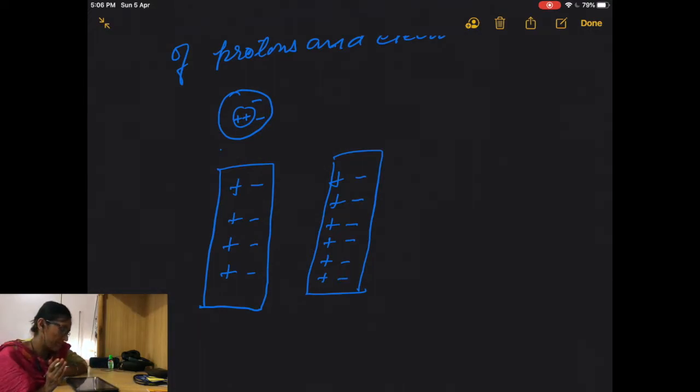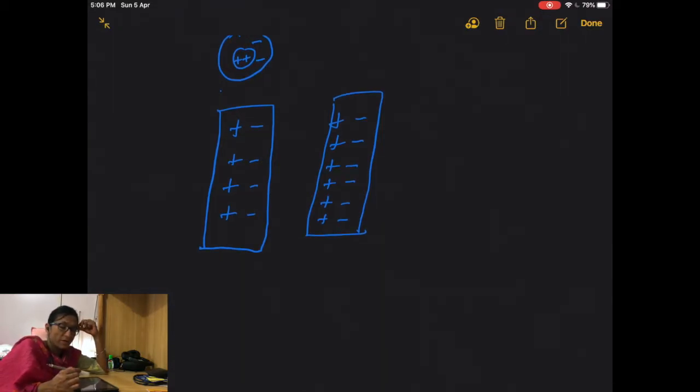Now what happens when we rub these two objects? In the way in which a towel wipes the dust from your face while rubbing, electrons from one object may get transferred to the other object, because electrons are very loosely bound in some materials. So when we rub these two materials, some electrons, not all, may transfer from one object to another.